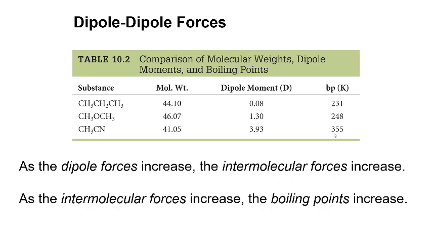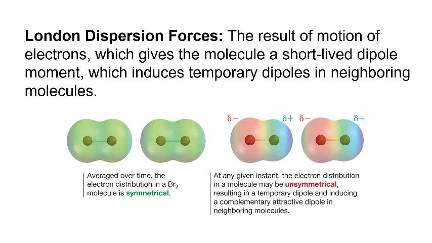The stronger the intermolecular force, or the higher the dipole force, the stronger the intermolecular force, and therefore the higher the boiling point. And this will be the case for all of our different types of intermolecular forces, whether we're talking about ion-dipole interactions, dipole-dipole forces, London dispersion forces, which we're about to get to, or hydrogen bonding. That's a very key concept.